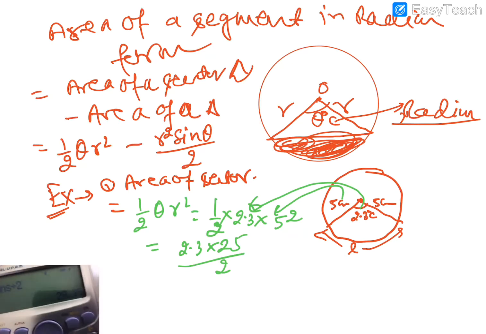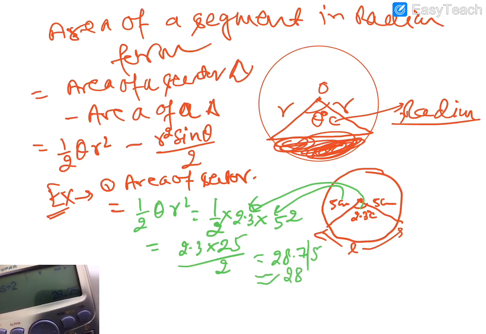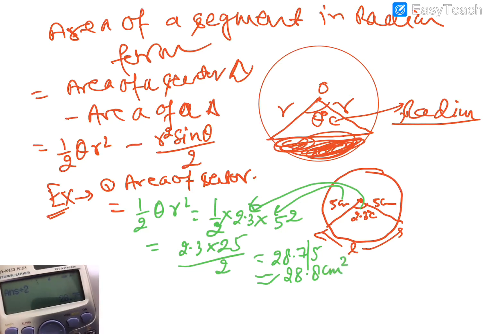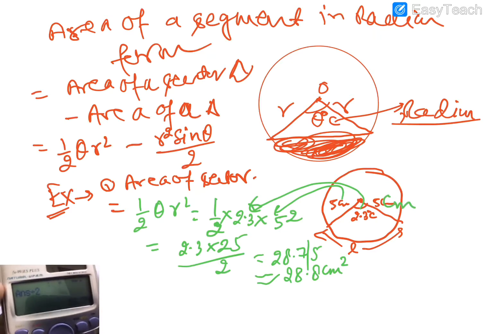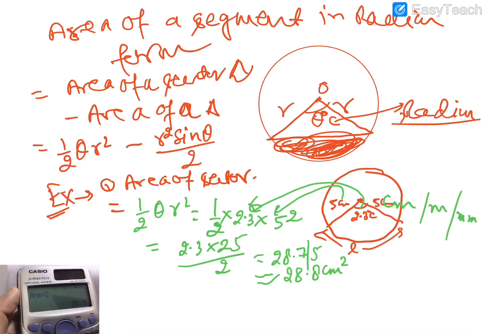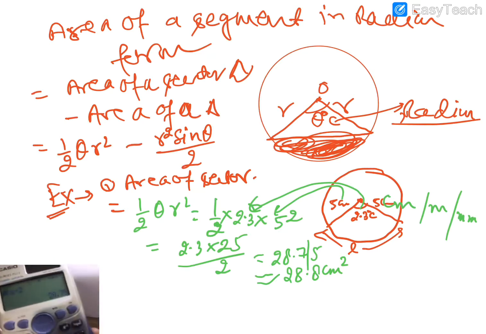I got the area 28.75. If we round the answer to three significant figures, this would be 28.8 centimeters squared, because I assumed this is in centimeters. If it were in meters or millimeters, whatever unit you have, you might have to convert. This is what you have to know.